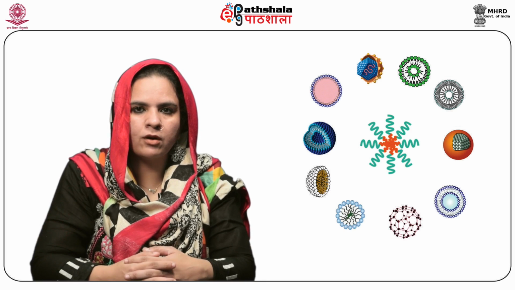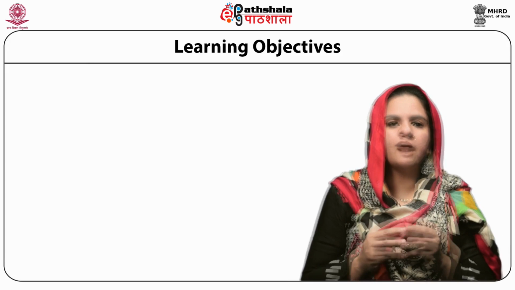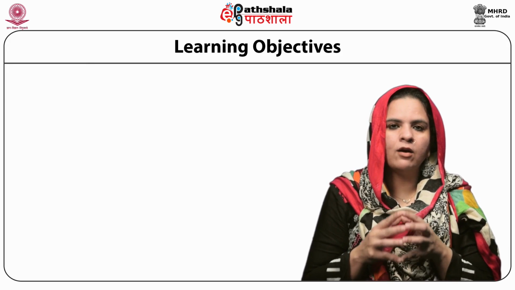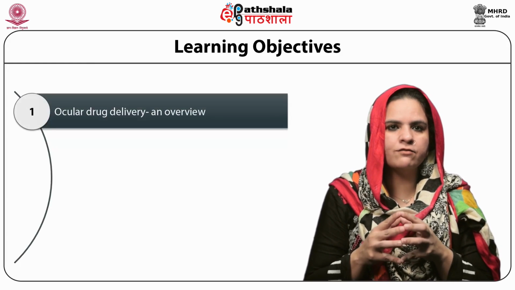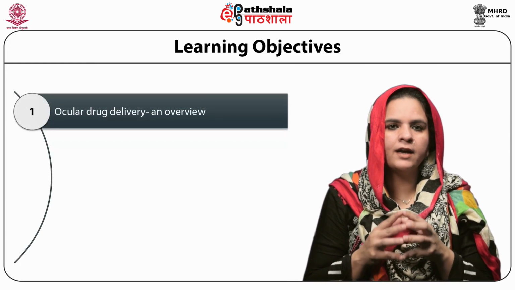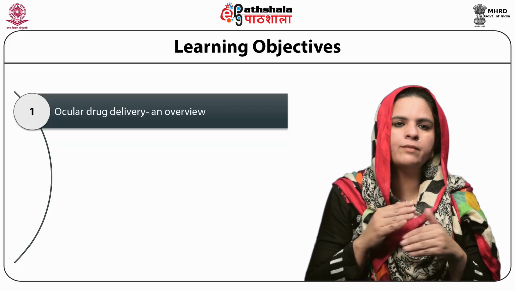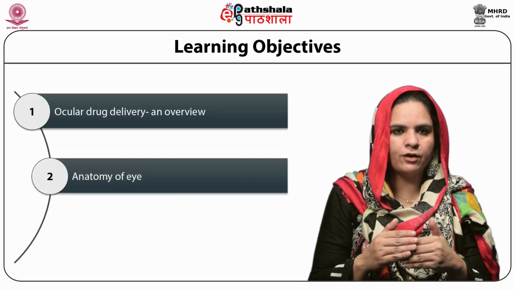Today I am going to talk about the module Ocular Drug Delivery Systems Part 1 from the paper Novel Drug Delivery Systems 1. At the end of this module, we should be able to understand what is an overview or the general view of the ocular drug delivery, its approaches. We will also be able to understand the anatomy of the eye.